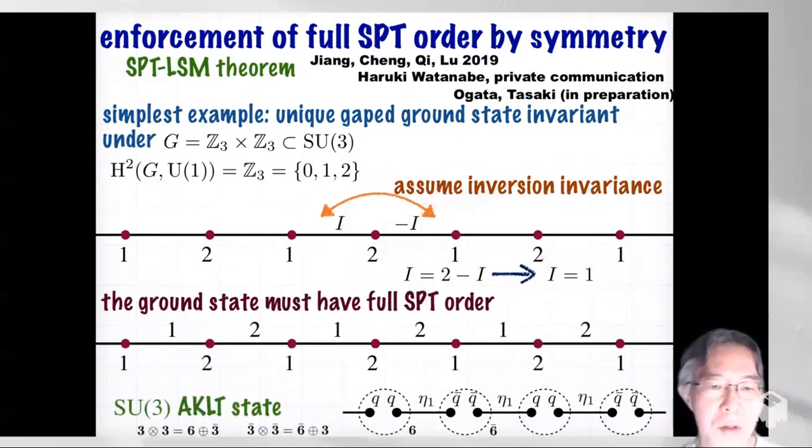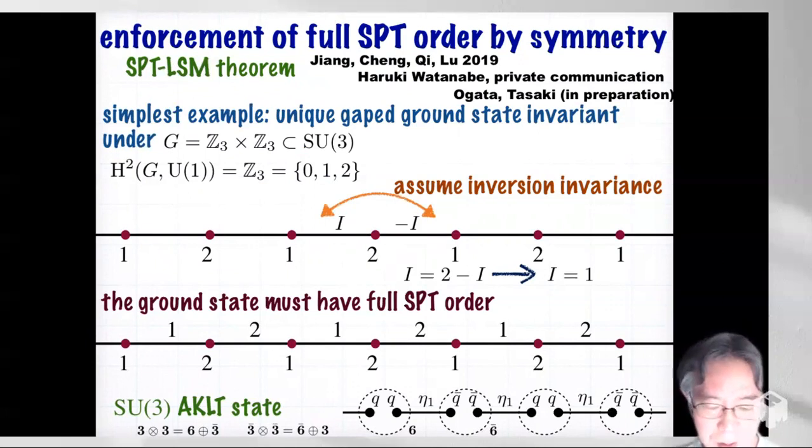So in this case, the ground state must have full SPT order and the Ogata indices are like this. Okay. So in this case, what we did is we simply assumed the value of local spin indices and assumed this inversion invariance. Then we concluded that the unique gapped ground state must have full SPT order.